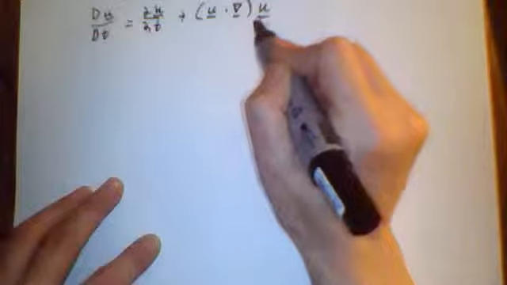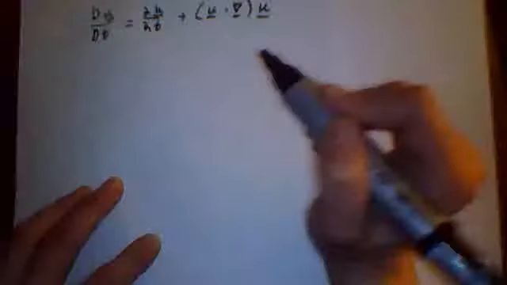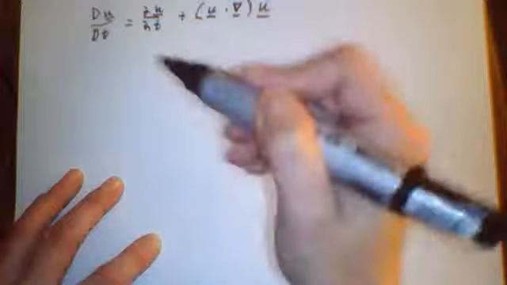It's got an x direction, a y direction and a z direction. This bit here, the local derivative, that's quite easy because u is a vector and it's just the rate of change with respect to time.